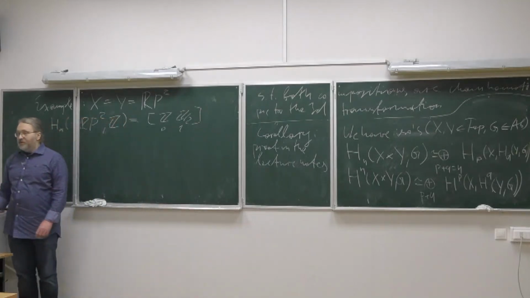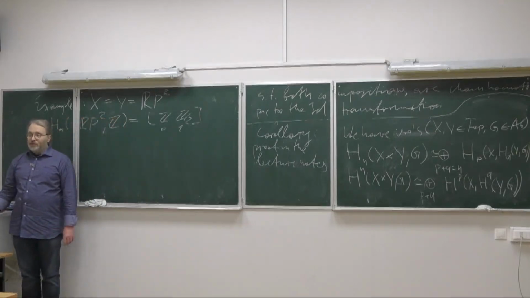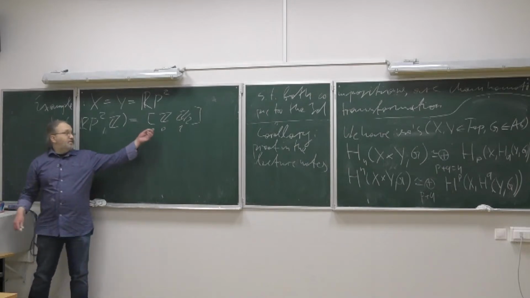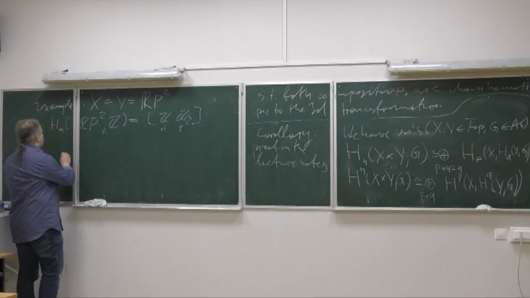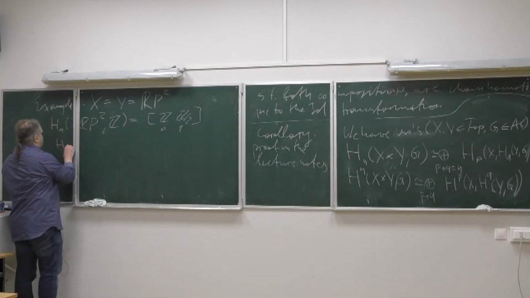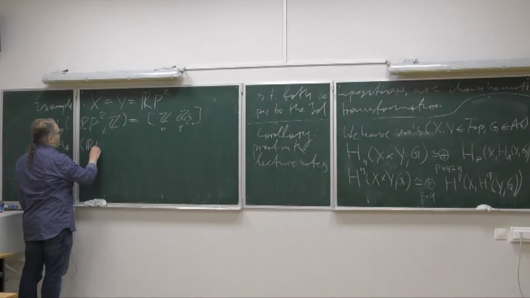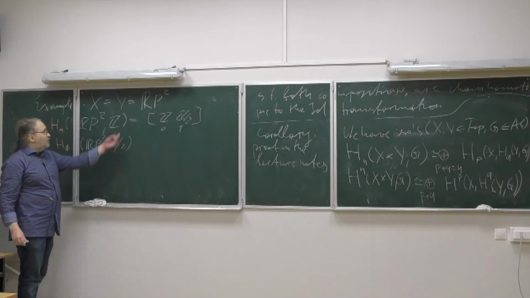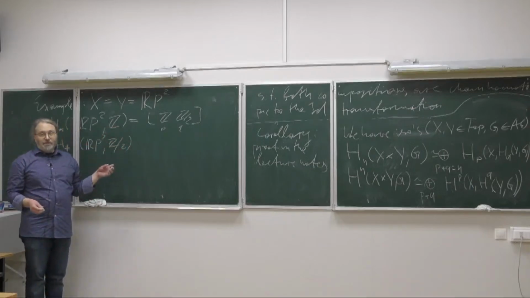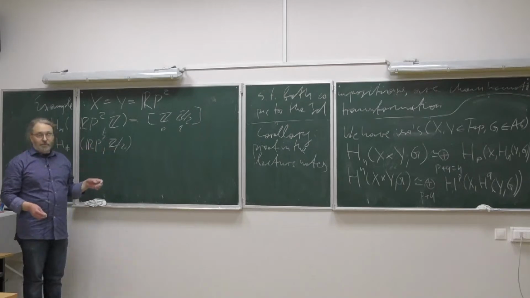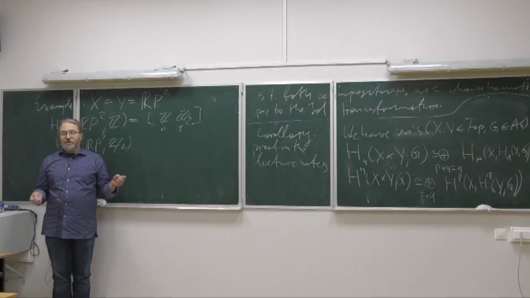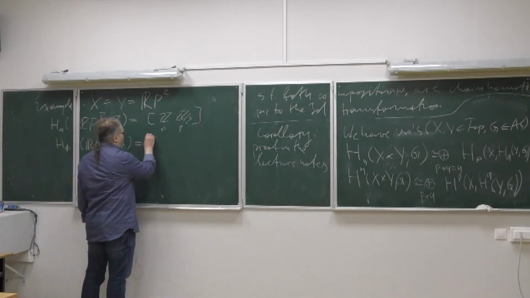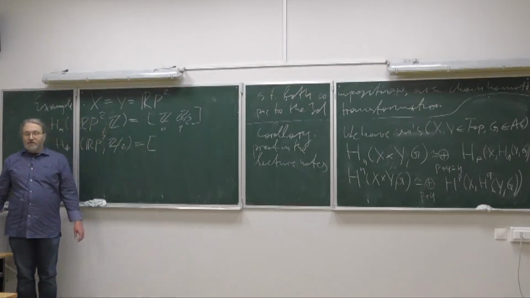As everyone probably knows, or at least that's my hope, the answer is this. Well, we also need the homology mod 2. In other words, the homology with coefficients in Z by 2. And again, the answer is what?